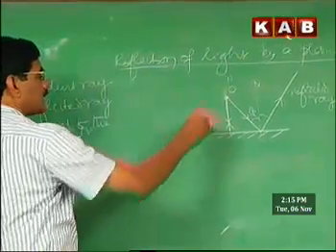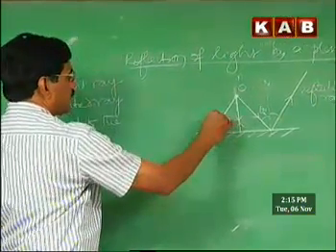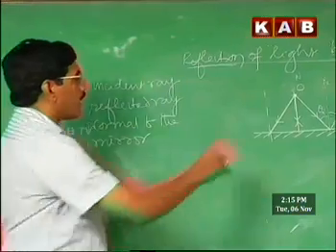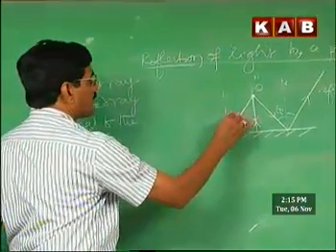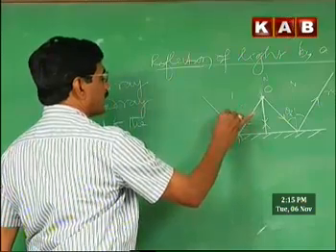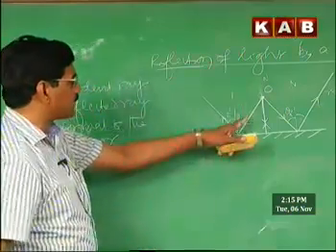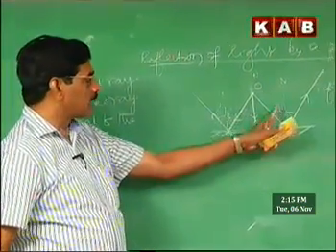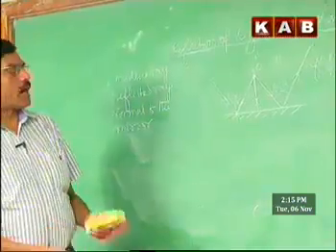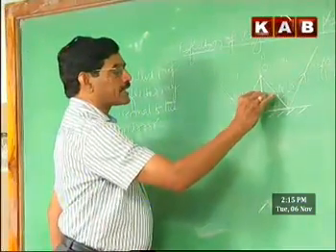Another ray is incident on the mirror at this angular position, and this is the angle of incidence, and after reflection the ray goes here at the same angle. Angle of incidence is equal to angle of reflection. These are the reflected rays.